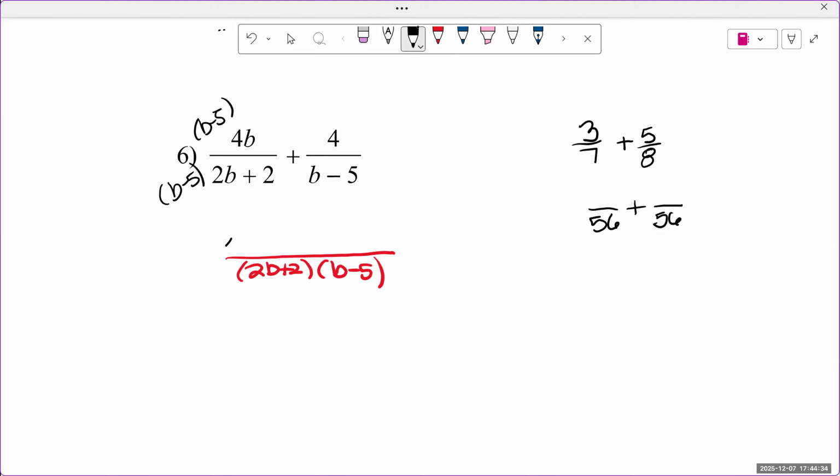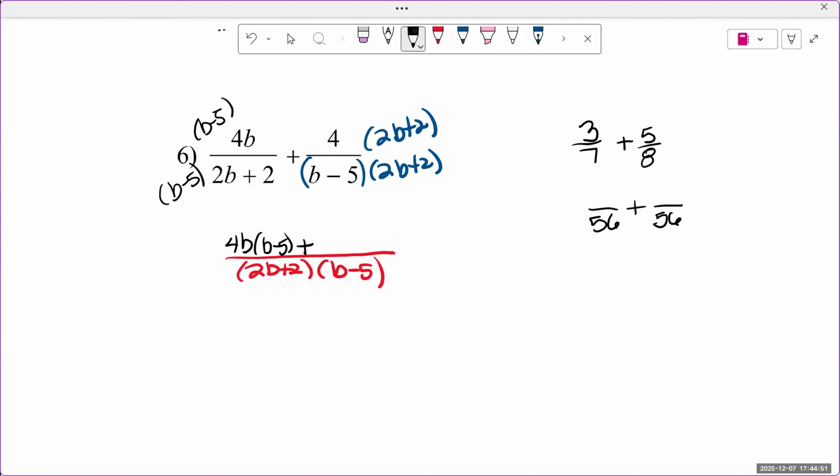So I have 4b times b minus 5, a big plus sign in the middle. Now on the right, I need to multiply by 2b plus 2 on the bottom, 2b plus 2 on the top.